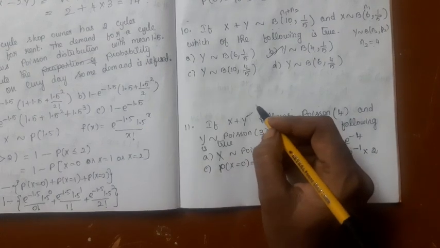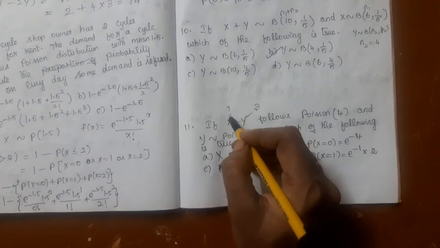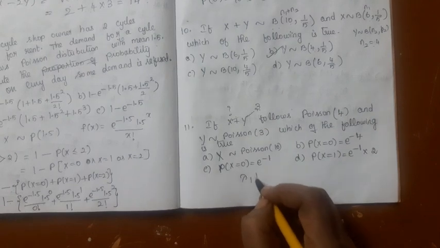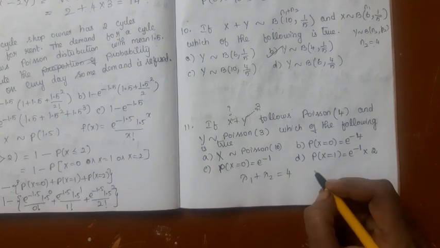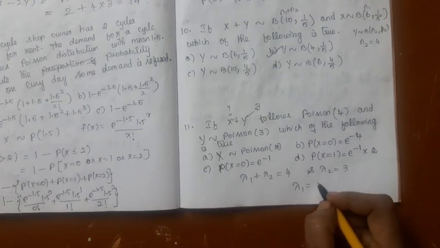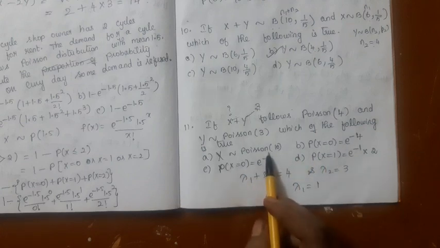Okay. X plus y follows Poisson distribution with parameter 4 and y follows Poisson distribution with parameter 3. On adding these two, the parameter is 4. So what is given? Lambda 1 plus lambda 2 is 4 and lambda 2 is 3. So what is lambda 1? Lambda 1 is 1. Okay. Now let us check which of the following is true. Can you say that x follows Poisson distribution with parameter 4?